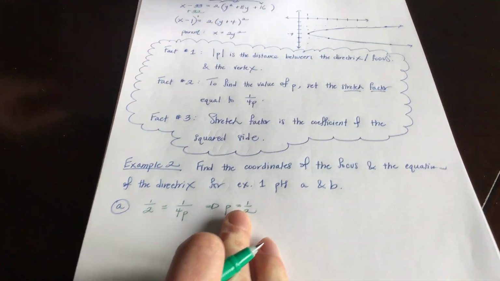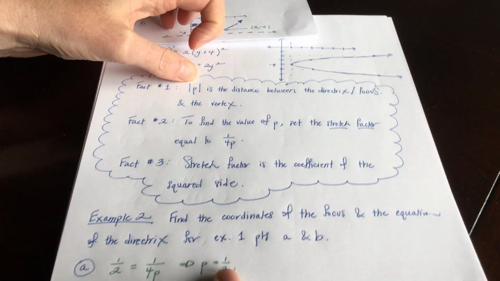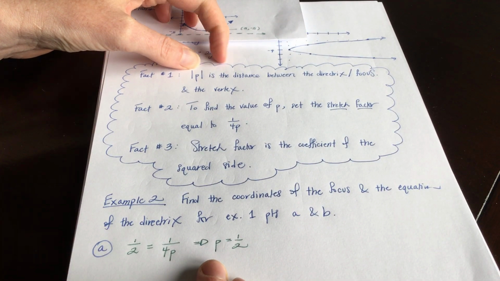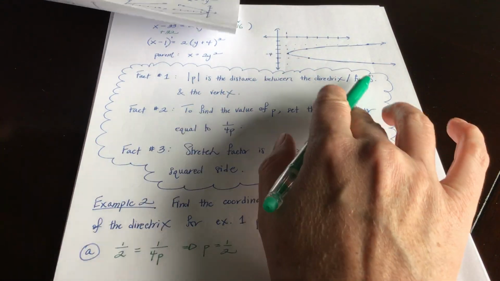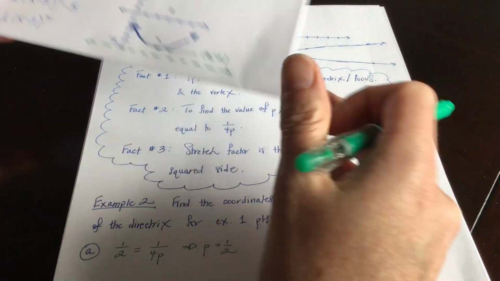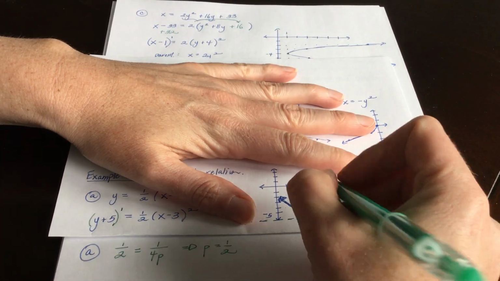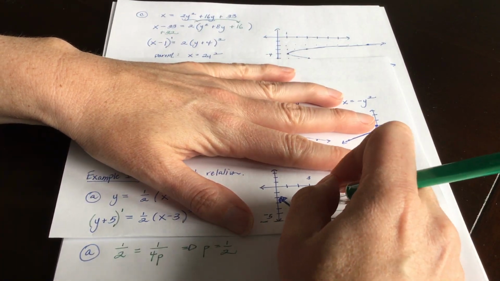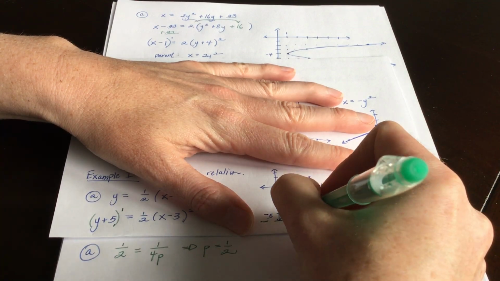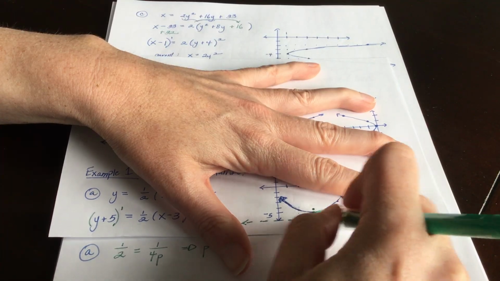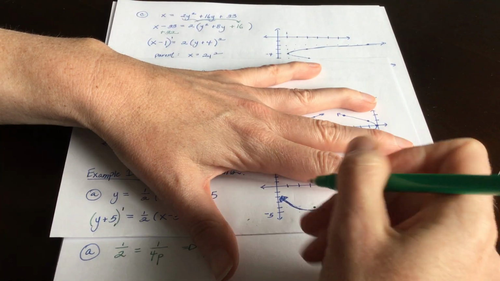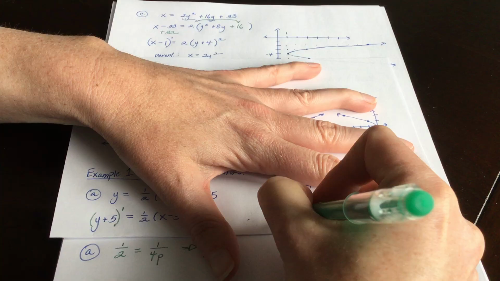Next, what does p mean? Well, the absolute value of p, which here is just 1/2, is the distance between either the directrix and the vertex or the focus and the vertex. So what that means is that I put this dot too far away. It's really just half a unit away, and then the directrix would be half a unit away on the other side.